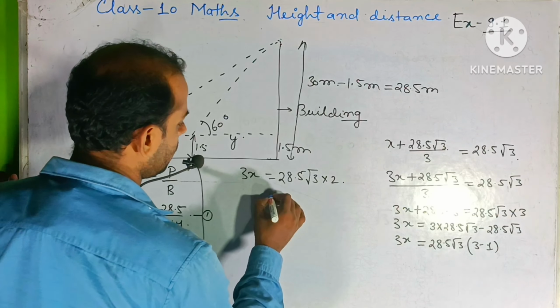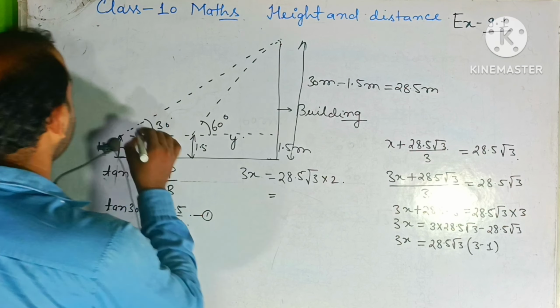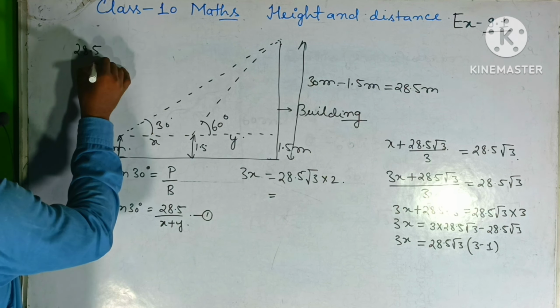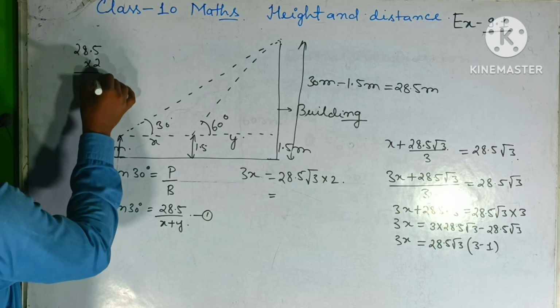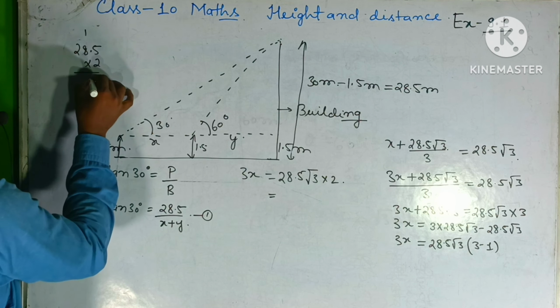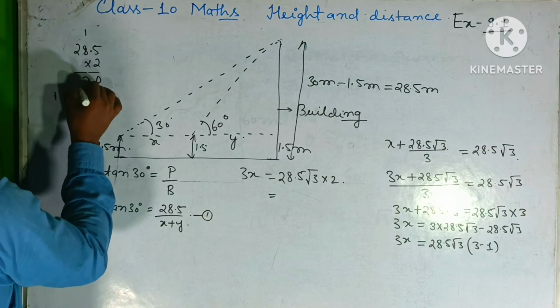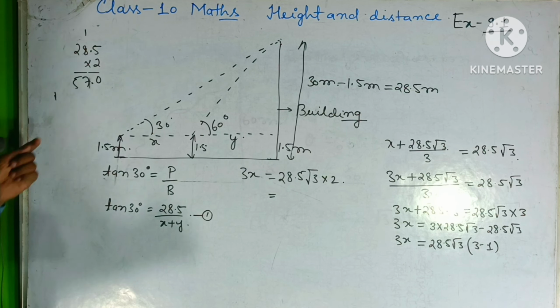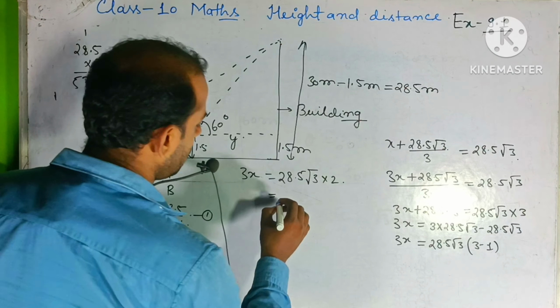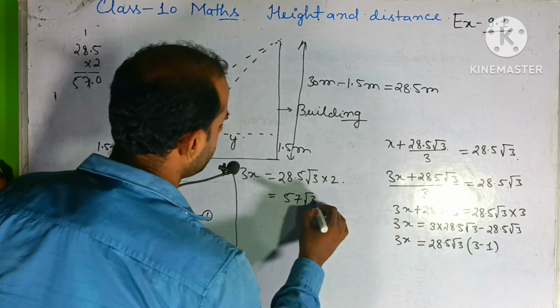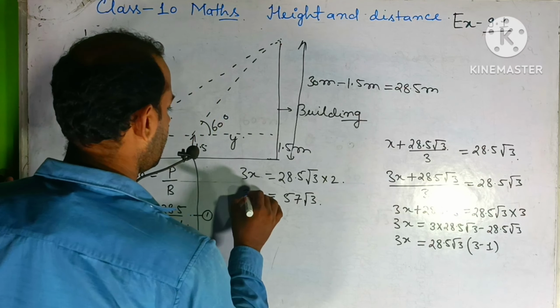Now see, 28.5 root 3 into 2, how much will it become? 28.5 into 2: 5 twos are 10, carry 1, 8 twos are 16, plus 1 is 17, carry 1, 2 twos are 4, plus 1 is 5. I think it has become 57. 57 root 3 and here it is 3x. So x is equal to 57 root 3 divided by 3.